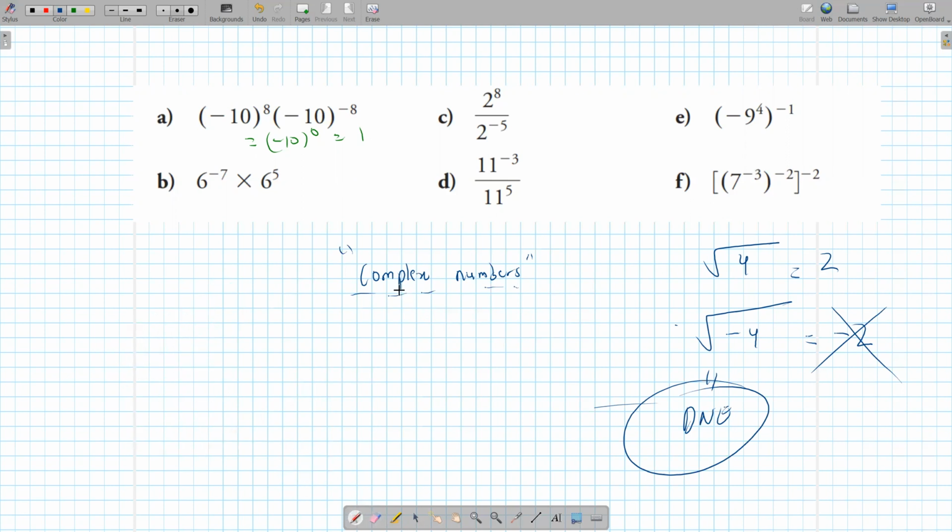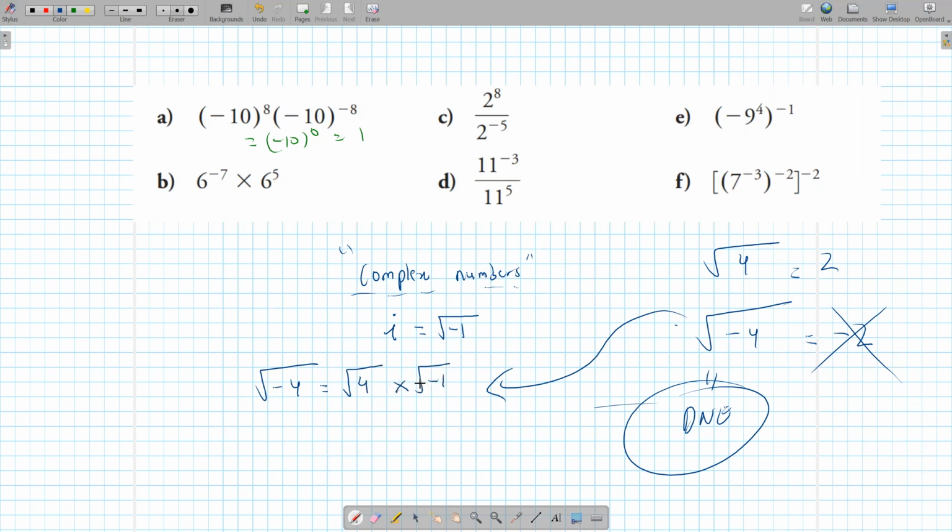Now, what's so special about the complex number system? In complex numbers, we have a constant called i, okay? i, just like pi, it's a constant, and i is equal to the square root of -1, okay? i is the square root of -1, it's a constant. Now look at this, √-4. I'm gonna rewrite this as root of -4 times root of -1.